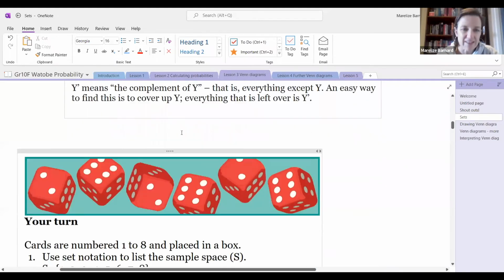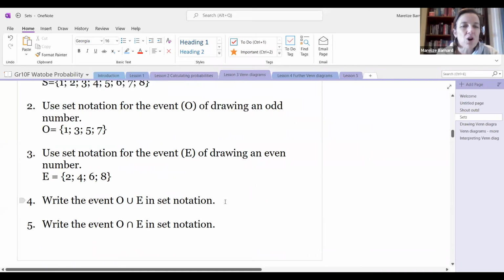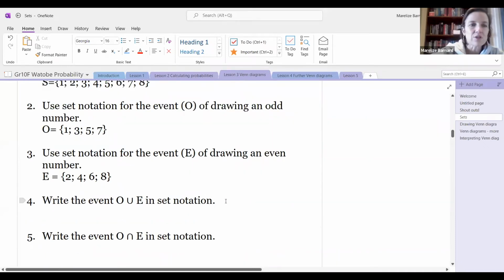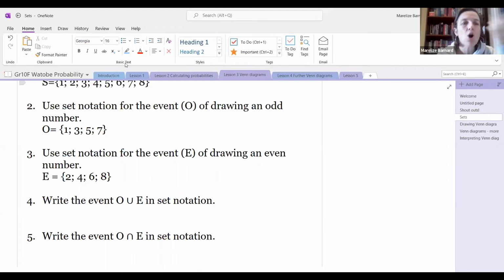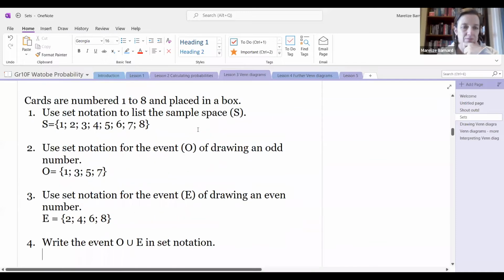Odd or even. So if it's odd or even in set notation, how are we going to write that? You can pop your answer in the chat. The events of O or of E. It's odd or it's even. Okay, so pop your answer in the chat. Which elements are going to be odd or even?